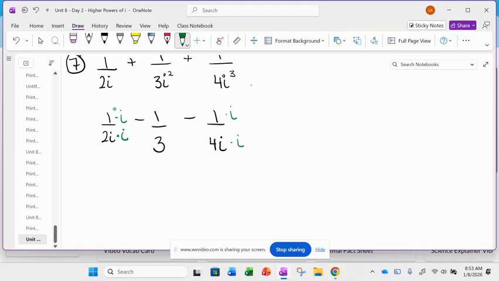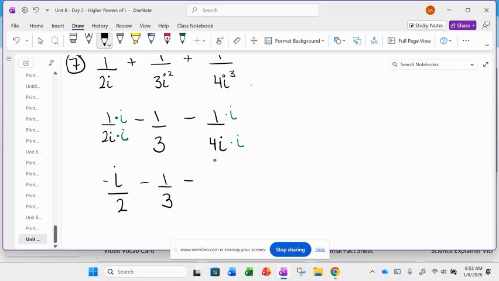So in my numerator, I have i over -2. I'm just going to assign the negative to the numerator again. And then I have 1/3, stays 1/3.